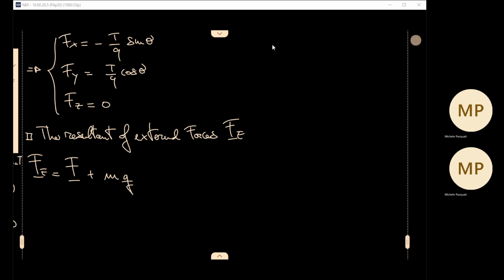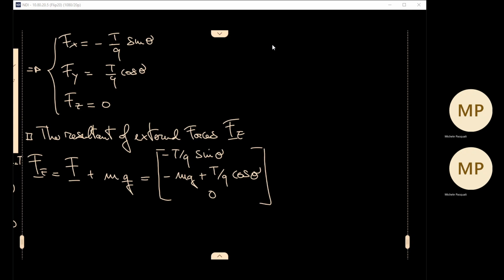These are all the external forces that we have. And if we sum this, we get minus T over q sinus of theta, minus mg plus T over q times cosinus of theta, and 0.